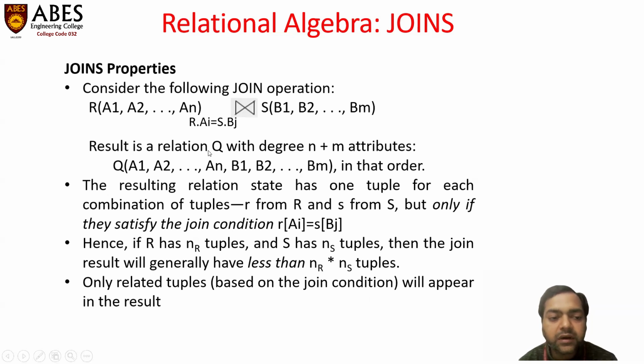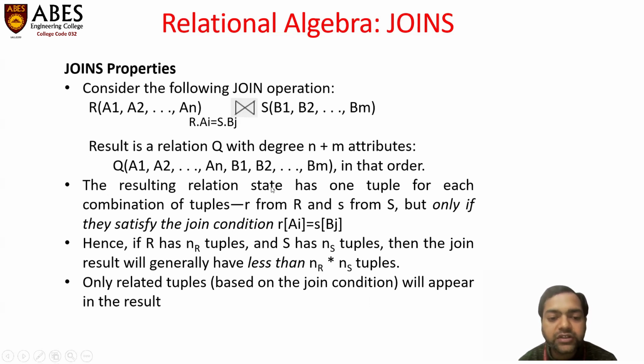And the result is a relation Q with degree n plus m attributes, because we are using Cartesian product, and we have already discussed that while using Cartesian product, if a relation R has n number of attributes and S has m number of attributes, then the resultant will have n plus m number of attributes, right?